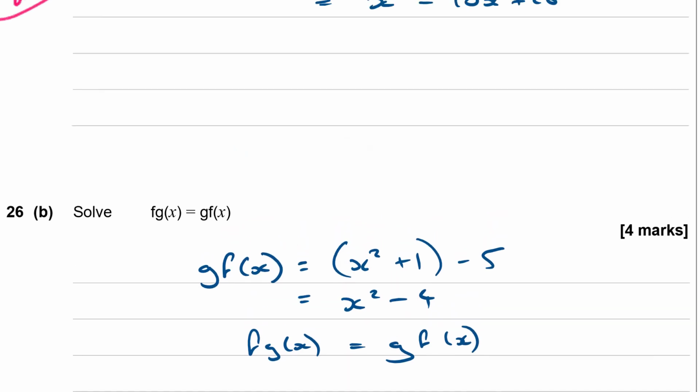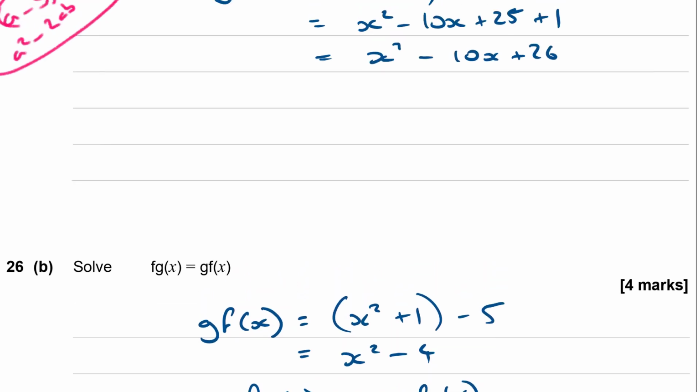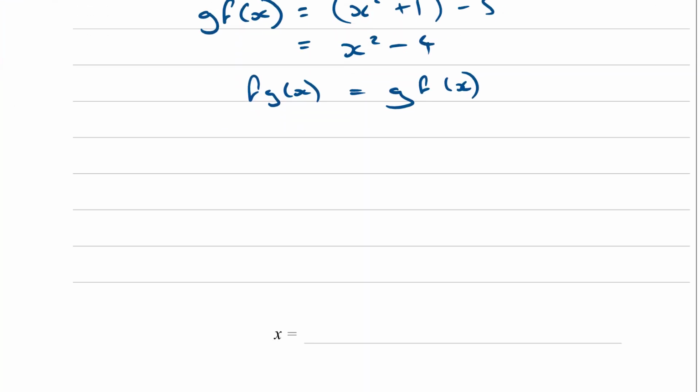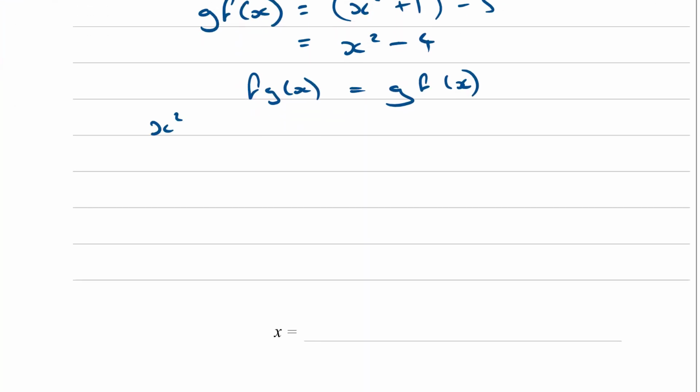Now we just showed that fg of x is x squared minus 10x plus 26. So x squared minus 10x plus 26, and we now know that's the same thing as x squared minus 4. Okay, so our x squareds cancel, and we are left with minus 10x plus 26 equals minus 4.